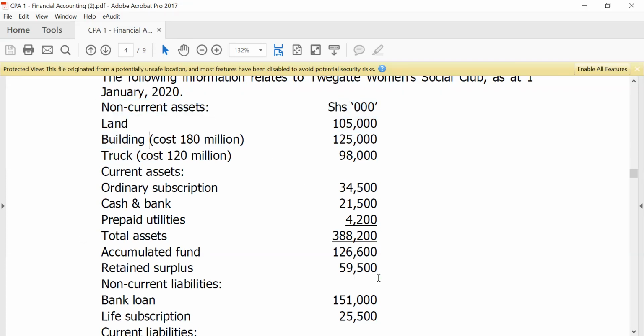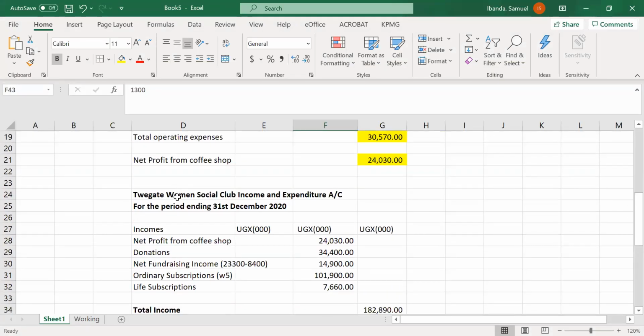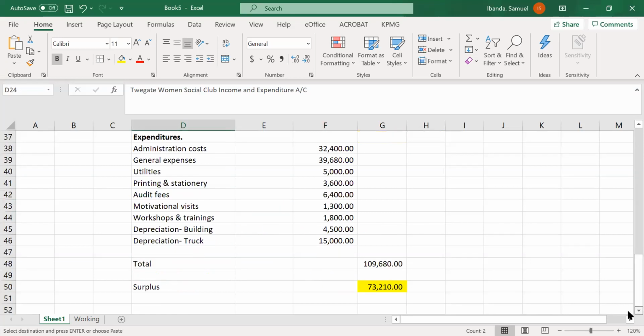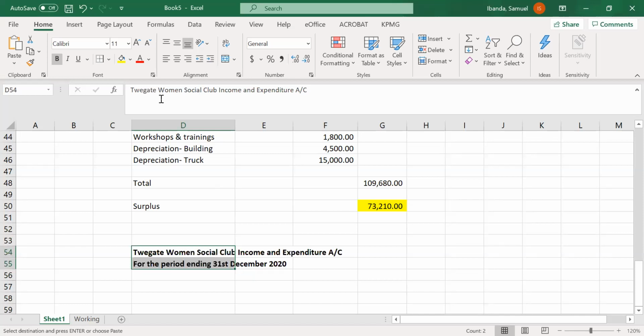So just to demonstrate for you again. You have Twegate Women Social Club income and expenditure account. Now this is not going to be income and expenditure.